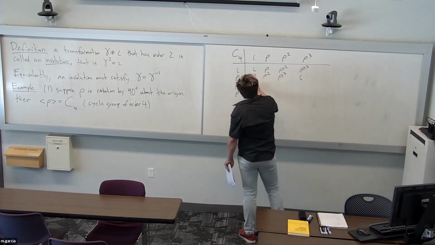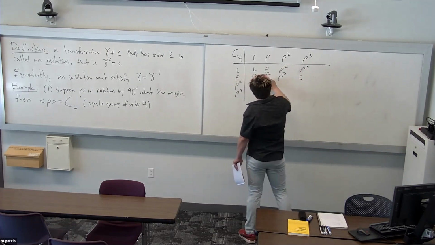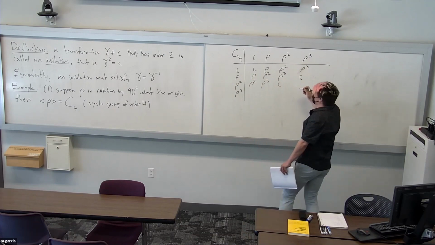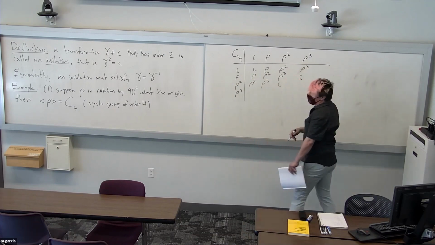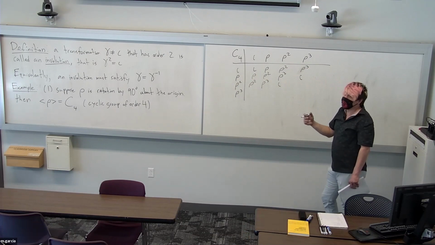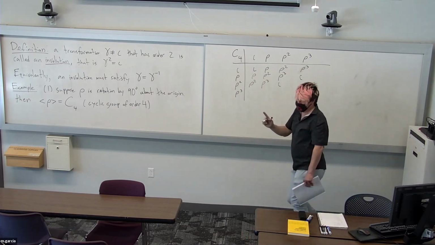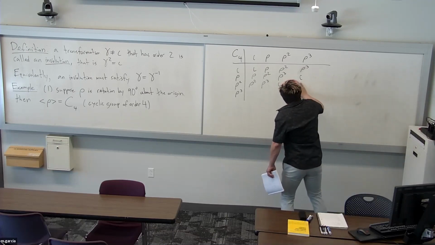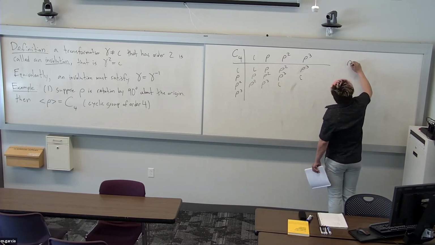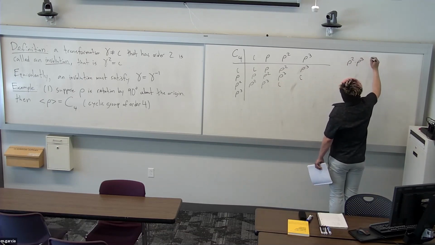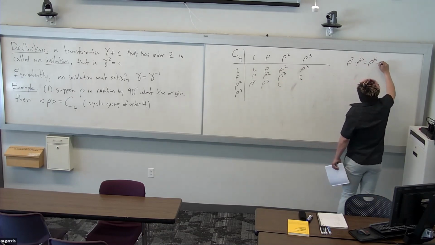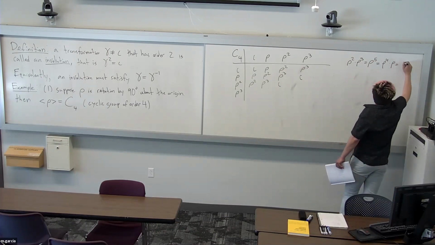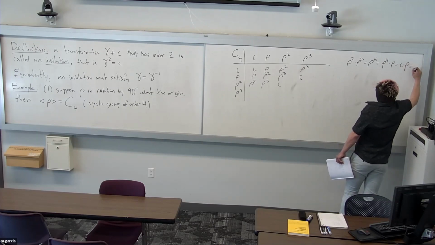Likewise, rho squared times rho squared is iota again. Rho squared times rho cubed is rho to the fifth, which is rho to the fourth times rho, which is iota times rho, which is just rho.